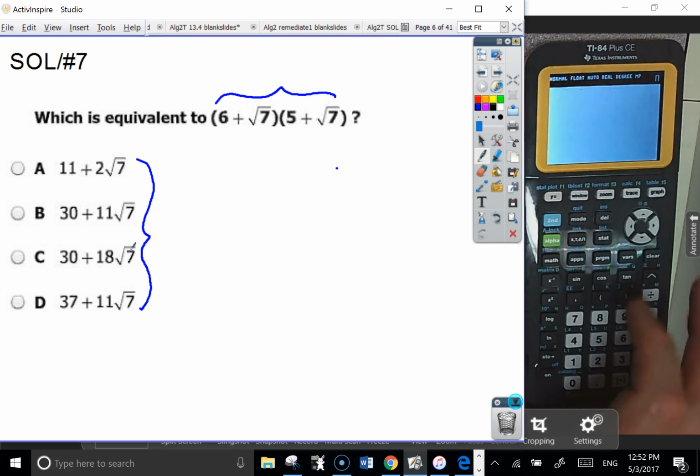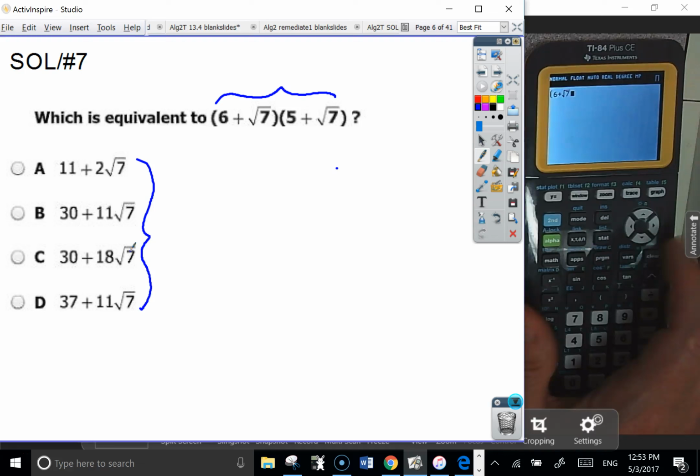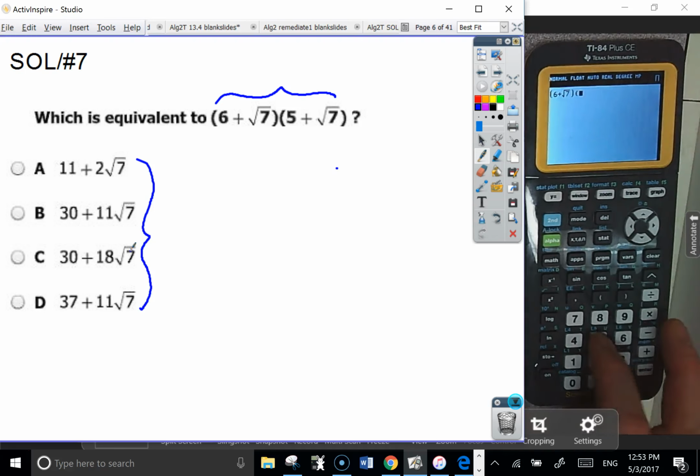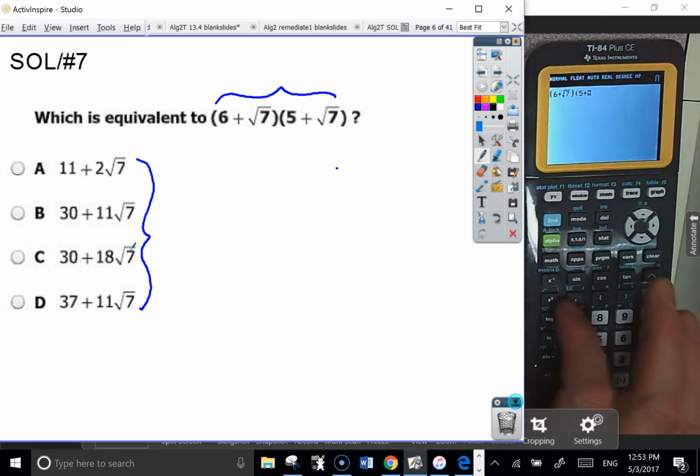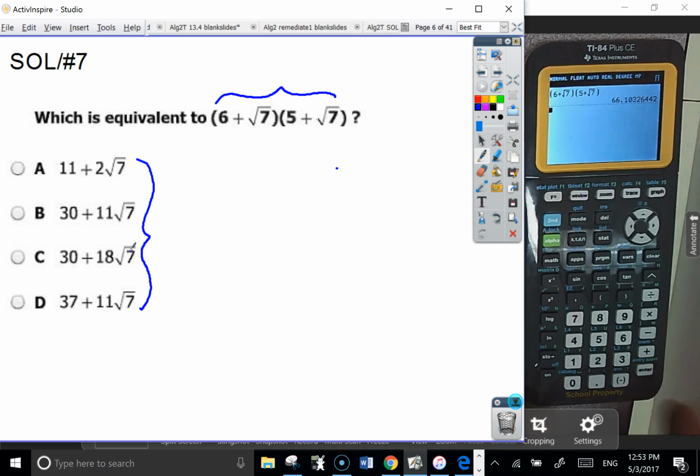Clear. Parentheses 6 plus the square root of 7. Make sure when you're inside of a radical, right, that you right arrow to get out of it. Right, parentheses 5 plus. As a decimal, it looks like 66.1.